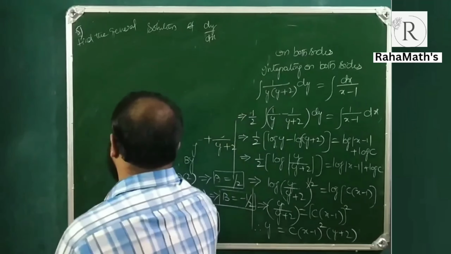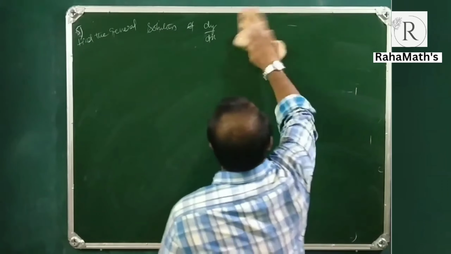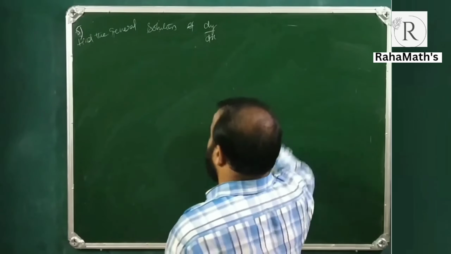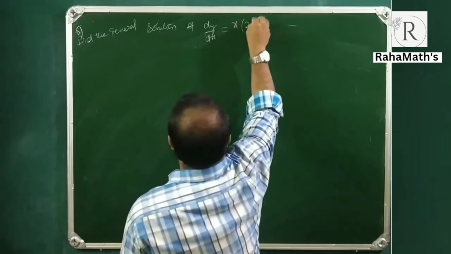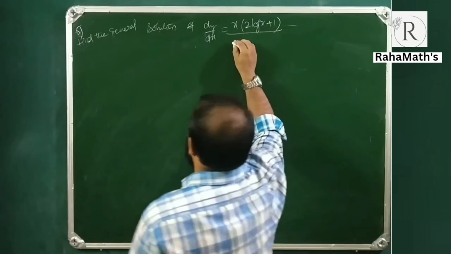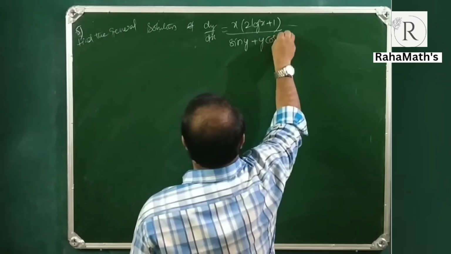dy by dx is equal to x into 2 log x plus 1 over y sin y plus y cos y.